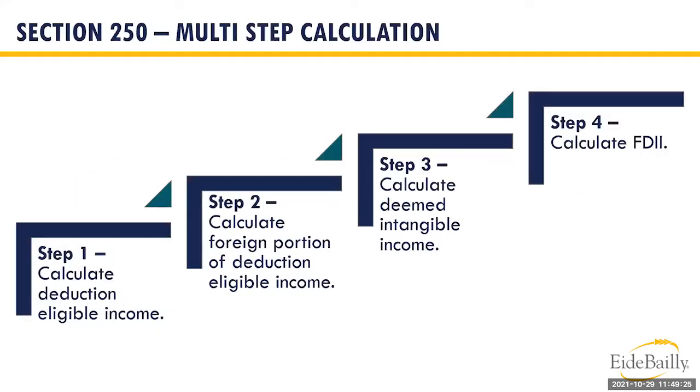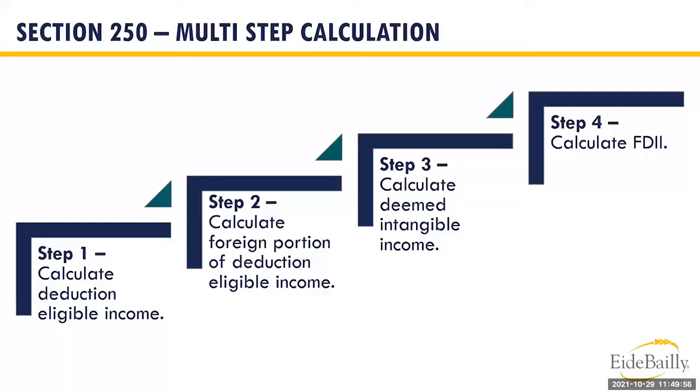So in order to calculate the FDII and FDII deduction, there is a multi-step approach that needs to be taken. As you can see down here in the corner, step one is to calculate the deduction eligible income. That is in effect taxable income of the C corporation. There are a few items which are excludable, but we won't discuss them for purposes of time today.